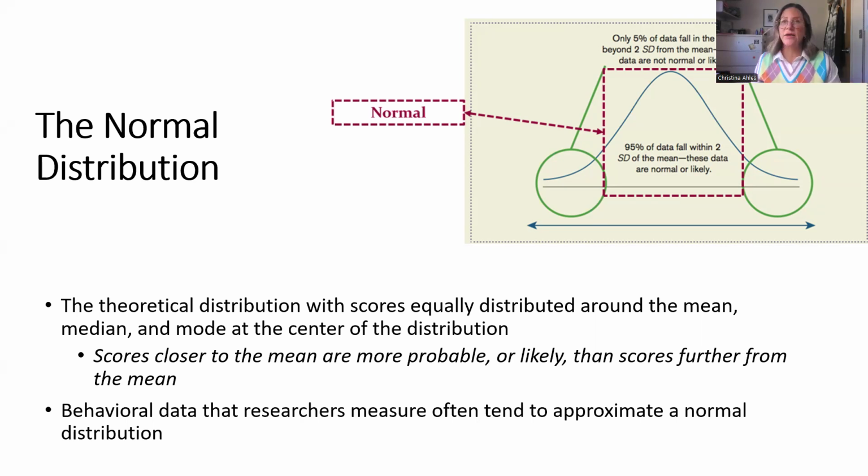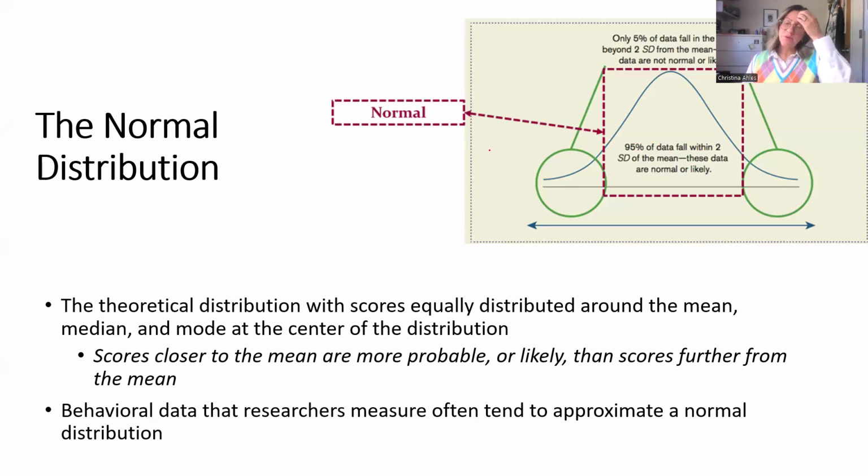As you can see on this distribution, these scores right here in this red box are highly likely because they fall around the mean. They're all falling within 2 standard deviations of the mean, and we'll talk about what that means. These would be what we would consider normal.